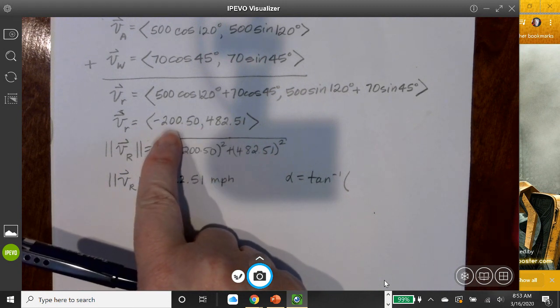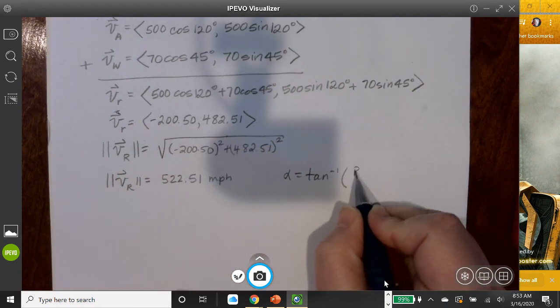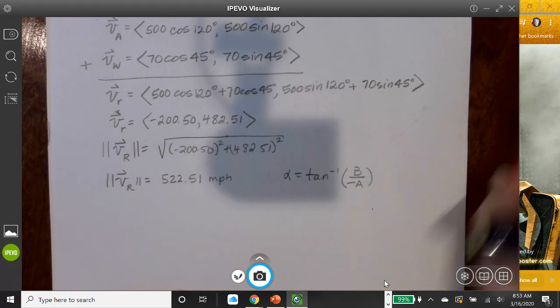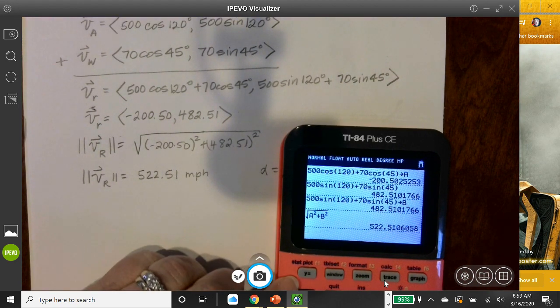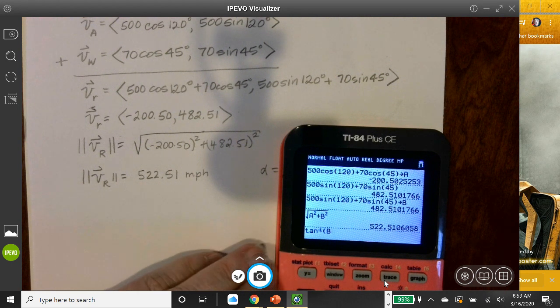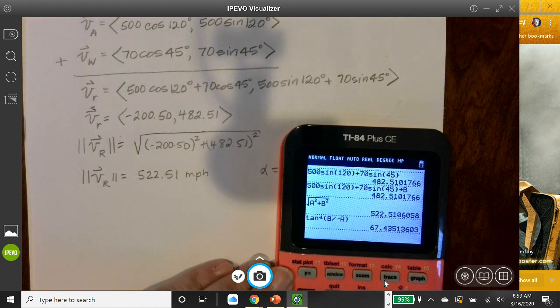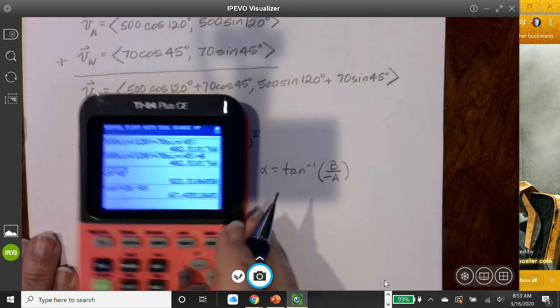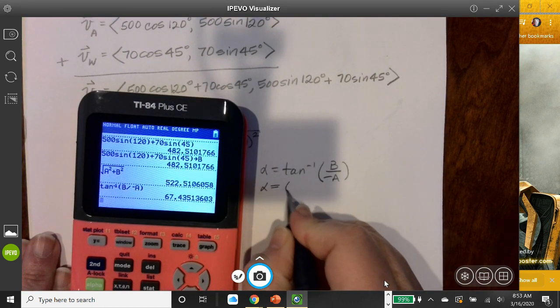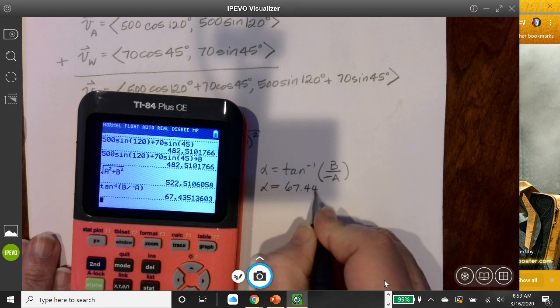Well, it's the A. So we're going to go inverse tangent of B over negative A. Here we go. Second inverse tangent of alpha B divided by negative alpha A. Close the parentheses, and there we go. We get 67.44 roughly degrees.